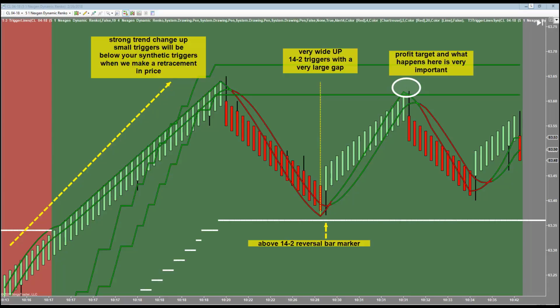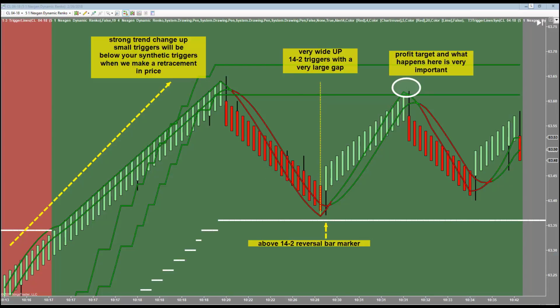Sometimes you'll have a trend change that involves a very strong push of both the small trigger lines and the synthetic trigger lines. So when the market makes a retracement, the small trigger lines are for sure going to be below the synthetic triggers that are wide to the upside.